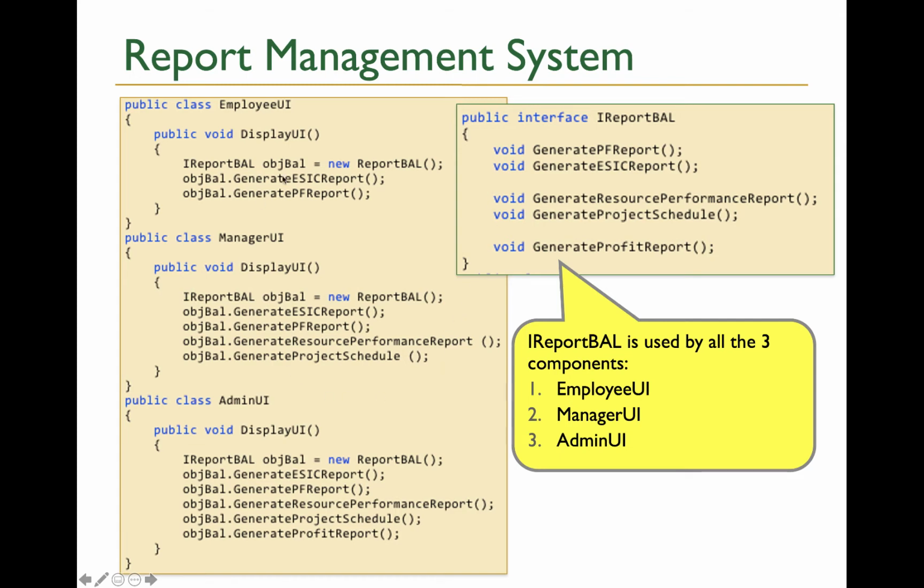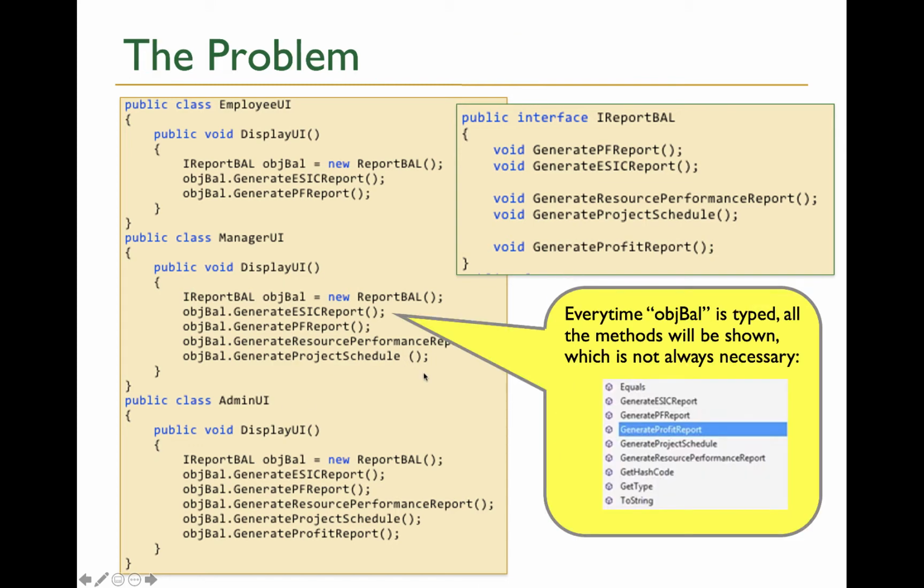However, if you build a system like this, there is a major problem. Even though in different UIs you can have the same interface and access different methods, there's really no control. For example, inside this manager UI, you have this object that instantiates the report BL object, and think about doing this in Eclipse: you type the object BL dot, and immediately you see a list of all the available methods you can call.